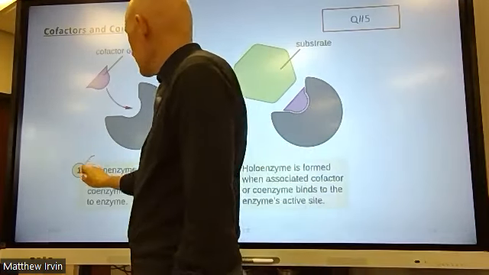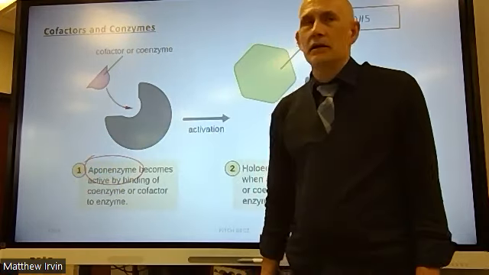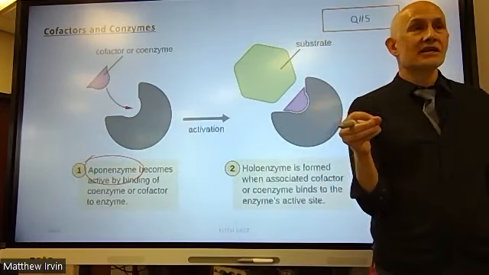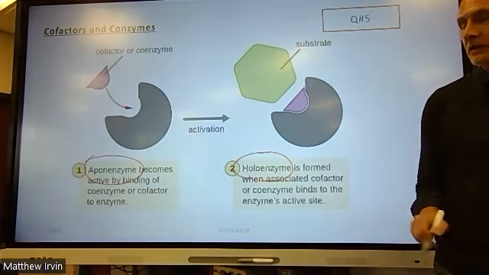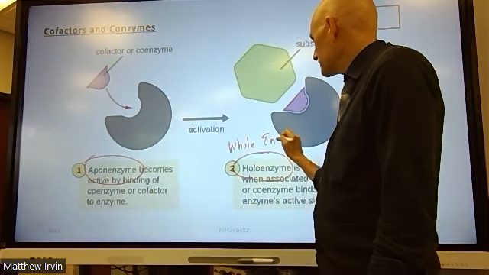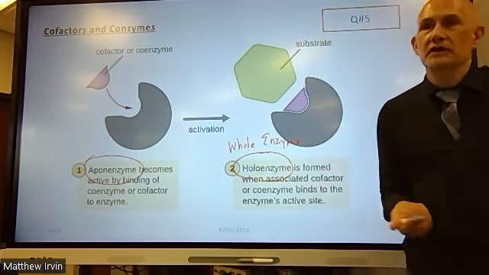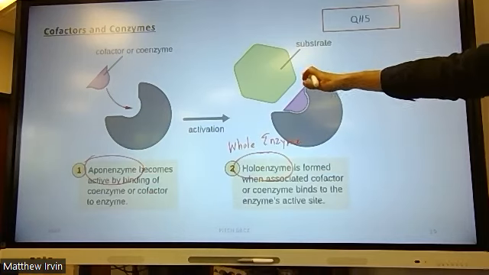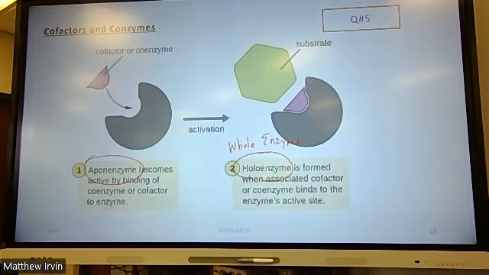So apoenzyme is when the cofactor coenzyme is not there, but when they bind, you get what's known as the holoenzyme, which you can also think as the whole enzyme, which makes it functional. So this is where you get into dietary deficiencies. If you're not eating your fruits and your veggies or taking your Flintstone gummies, you may not have these vitamins and minerals for your enzymes to work properly.